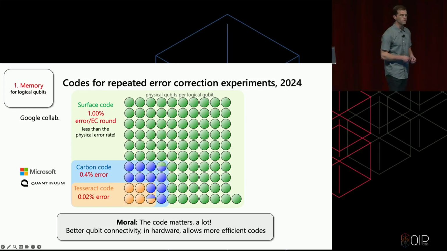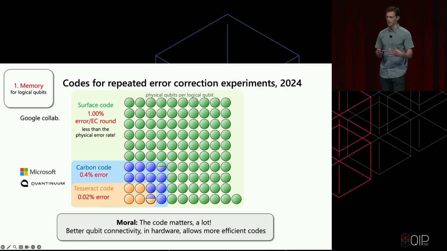So one moral from the slide is that actually the code matters a lot. When you have the freedom to choose different codes, it's worth it. And there's a lot of room for innovation in code still. So not just at the scale of very large, asymptotically large codes like LDPC codes, which are of course extremely interesting theoretically and possibly practically in the future, but in the range of these smaller codes, I think there's a lot of room for innovation.